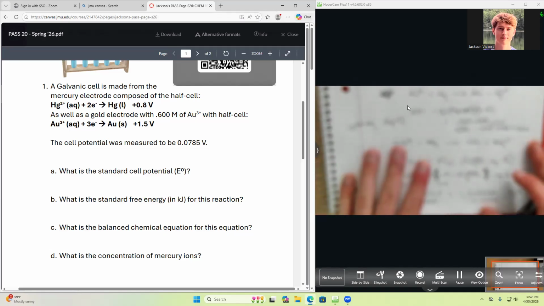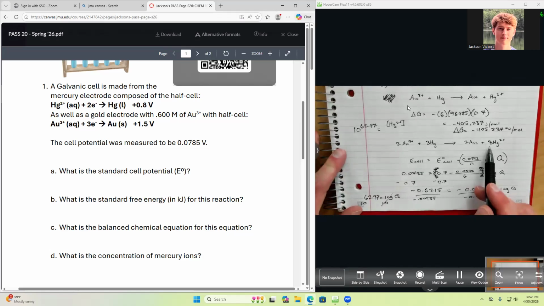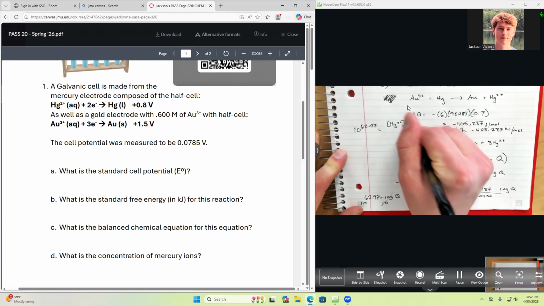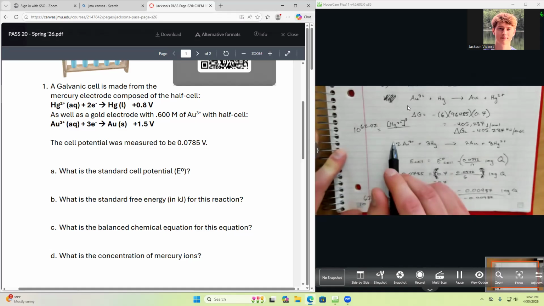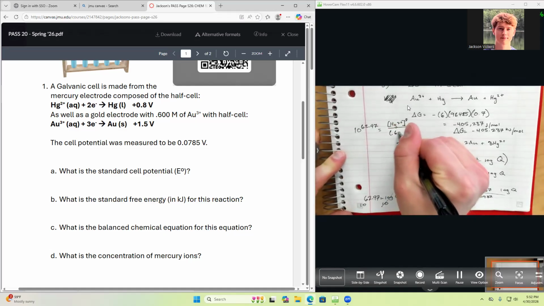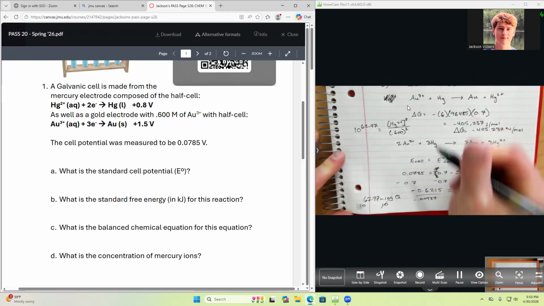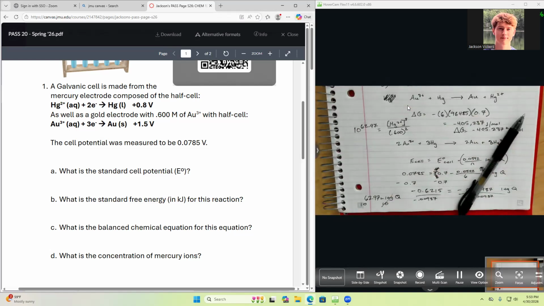Yes, we have a 3 as a coefficient, so it's going to get raised to the power of 3. And then the other thing, we're told that the concentration is 0.6 molarity, and that's going to get raised to the power of 2. So 0.6 to the power of 2 is 0.36.